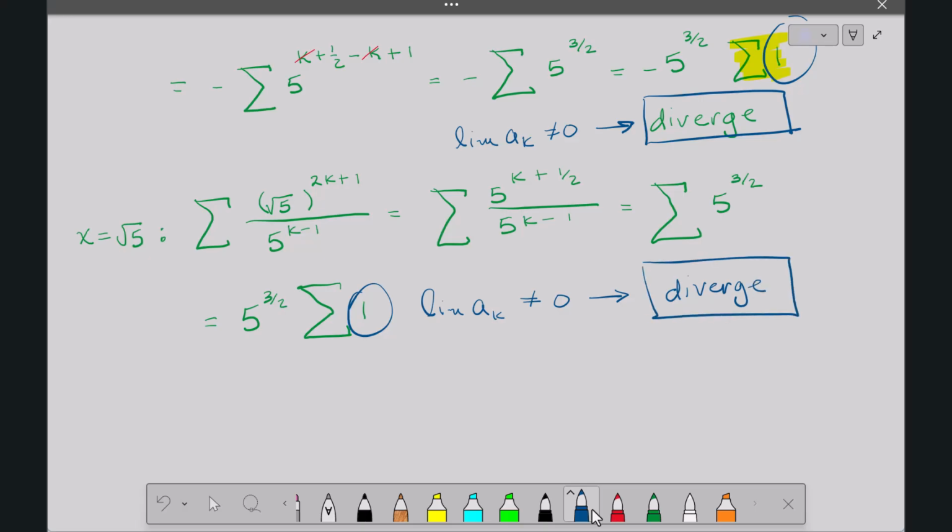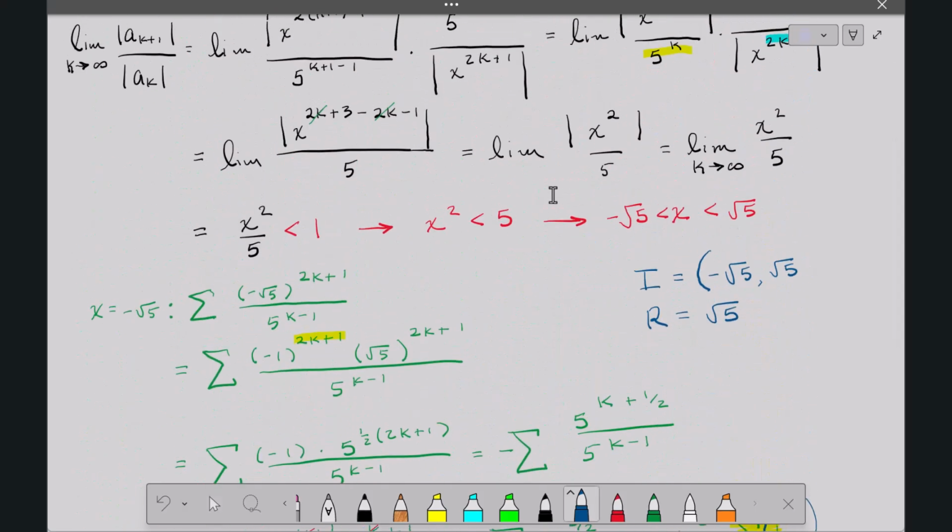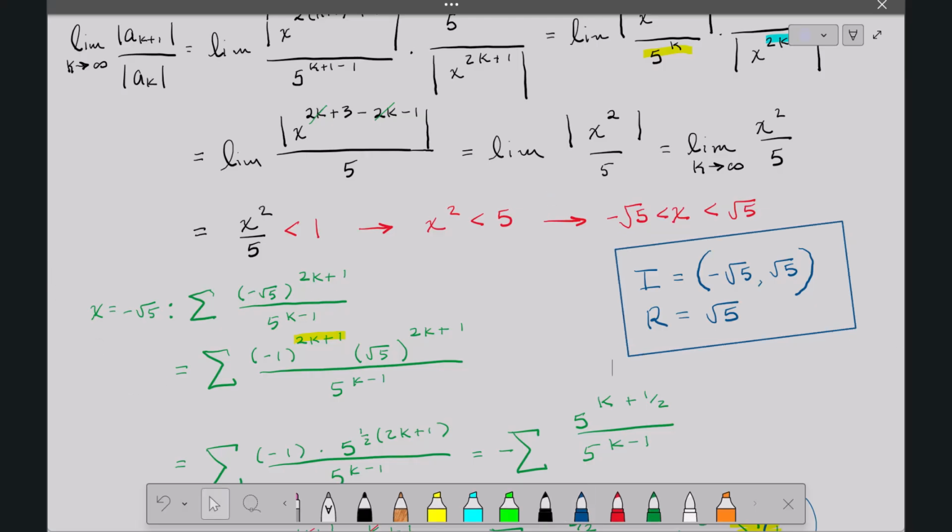So now we have divergent endpoints. So this power series diverges at both endpoints. Now we can conclude that our interval of convergence doesn't include either endpoint, and it goes from negative root 5 to root 5. And the radius of convergence is square root of 5.